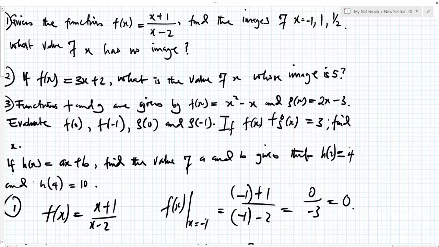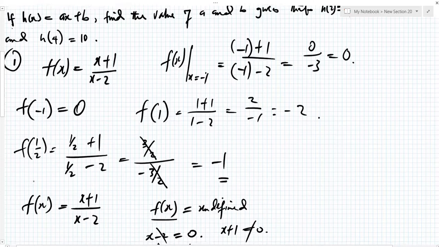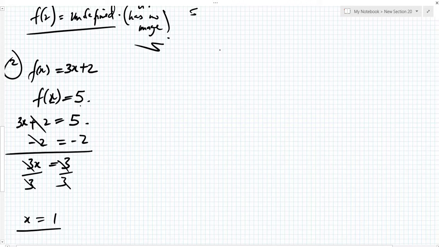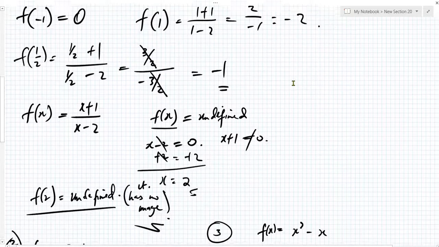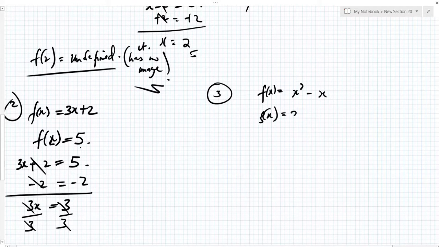Question 3. Functions f and g are given by this. Let me write it down. Question 3: f of x is x squared minus x, g of x is 2x minus 3.